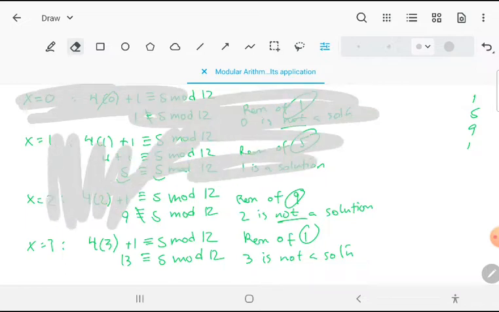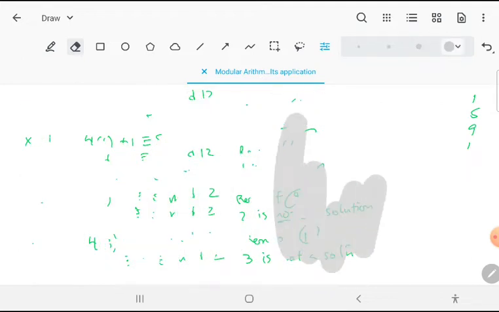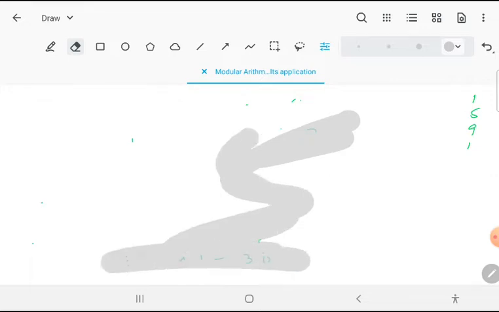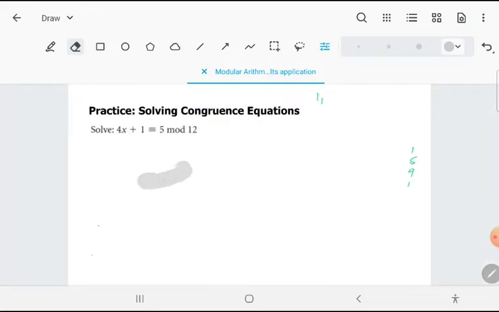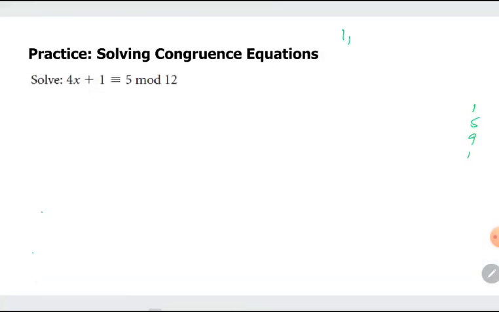So where are we? We are at x equal to 4. 4 times 4 plus 1 is congruent to this side of the equation. 4 times 4 is 16 plus 1.